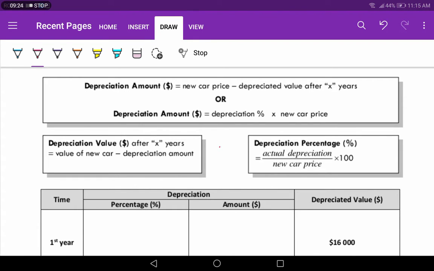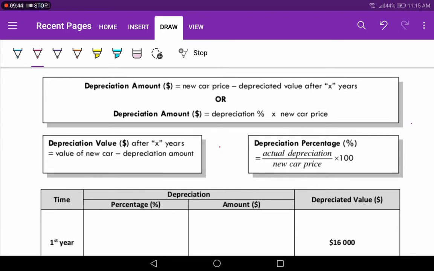That will give you the depreciated value, the value of your car after that depreciation has been subtracted off. And lastly, to find the depreciation percent, all you have to do is take the actual depreciation divided by the new car price times 100, and that will give you your percent.